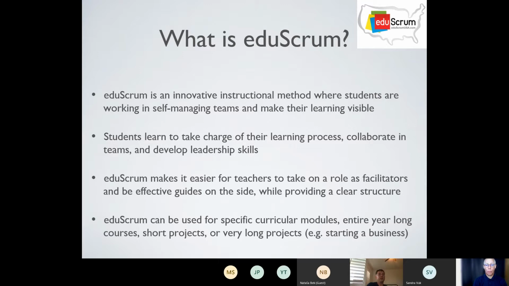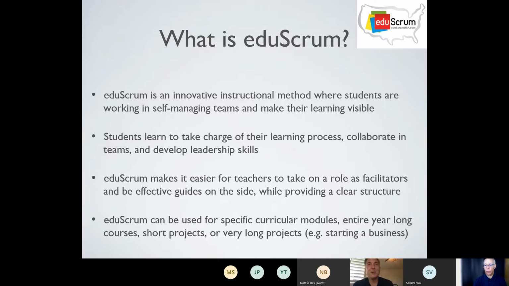In a nutshell, Eduscrum is an innovative instructional method where we put students into self-managing teams and we make the learning visible. The goal is that students take charge of their learning process and that they really collaborate and develop leadership skills in a team.